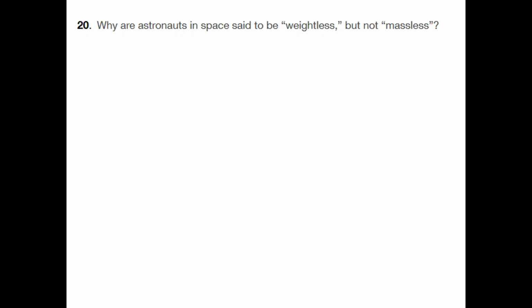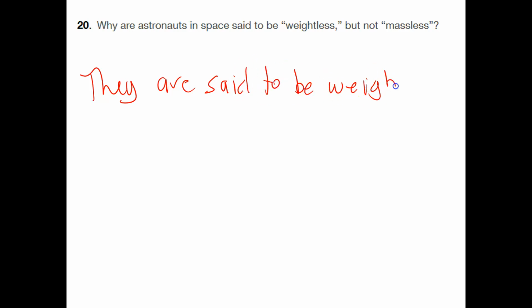This is another question from OpenStax, and they're asking about the distinction between what we mean by the term weightless versus massless. So it reads, why are astronauts in space said to be weightless but not massless? So we're going to answer two things here. They are said to be weightless as they are not acted upon by gravity.